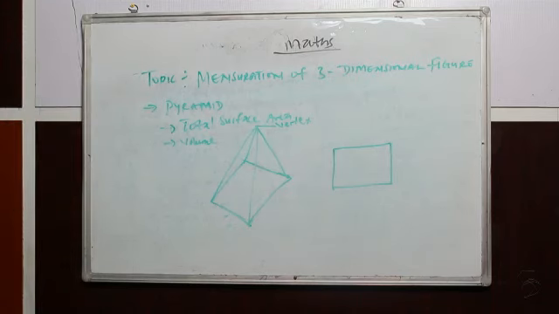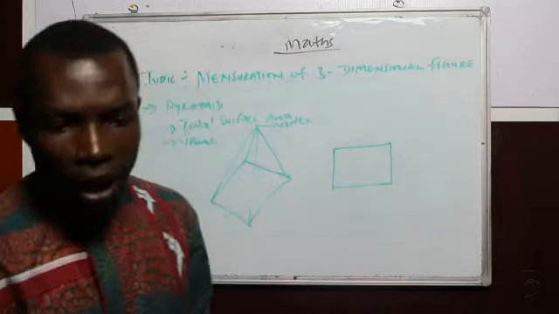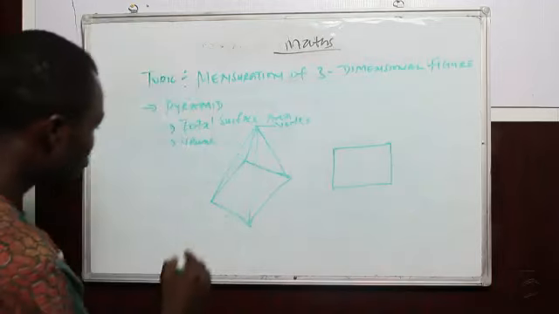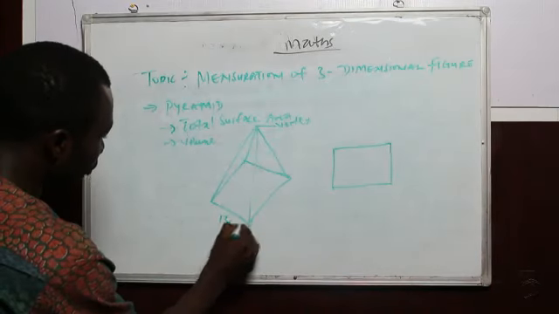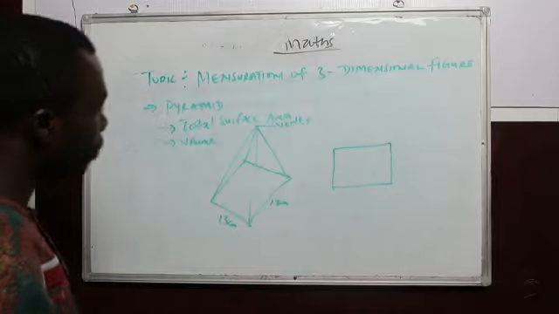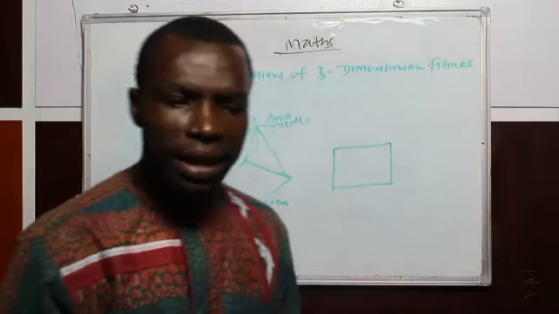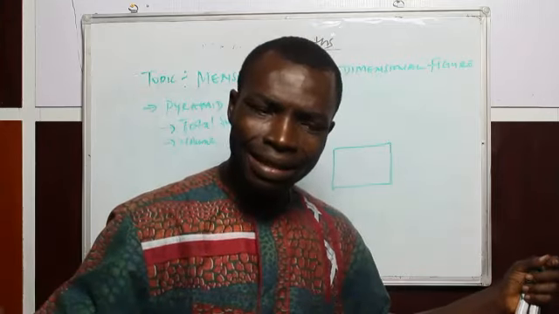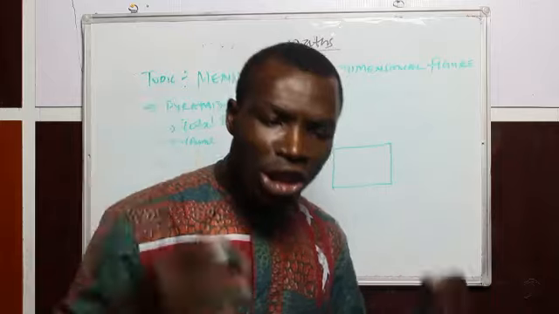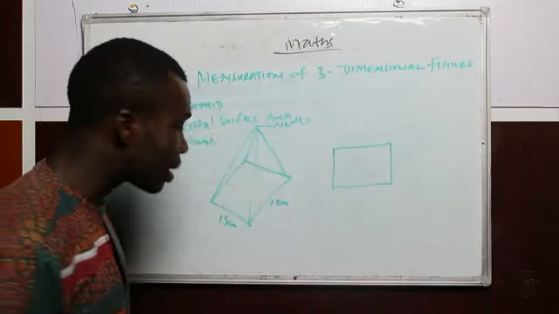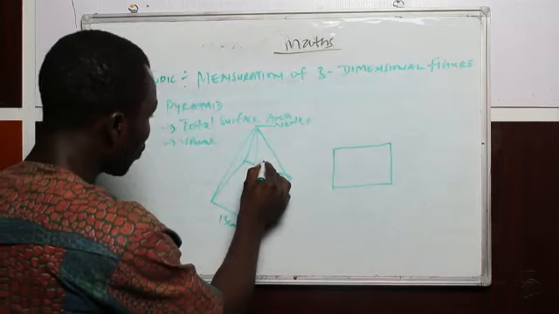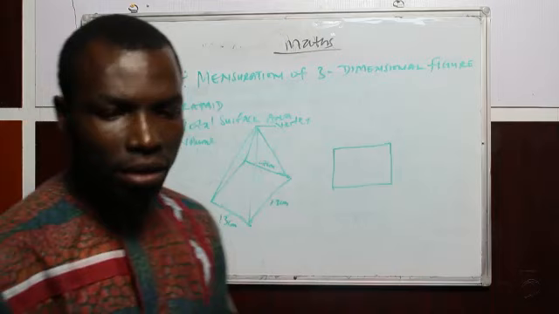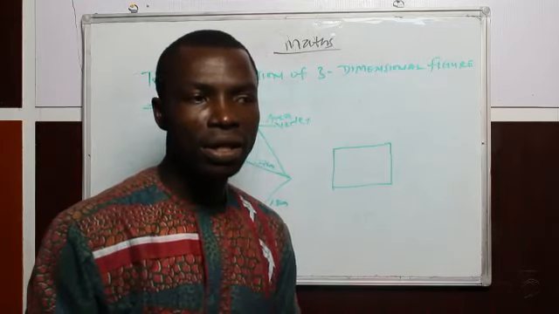Now, the question said a right pyramid consists of a square base of side 13 centimeter. Now, that shows they have 13 centimeter. Good. Now, they said 4 isosceles triangles whose sides are each 27 centimeter. So we have 27 centimeter. That's the side of each of the 4 isosceles triangles.